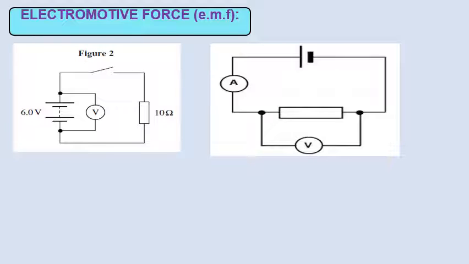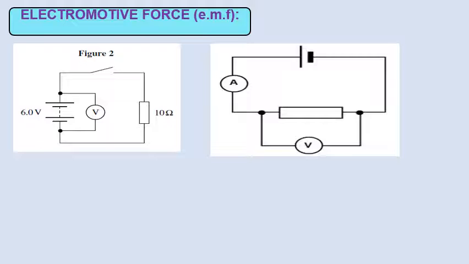Voltmeter, as the ammeter, has a red pole, which is the positive pole, and a black pole, which is the negative pole, and I must connect the positive pole of the voltmeter to the positive pole of the battery, and also the negative pole of the voltmeter to the negative pole of the battery.